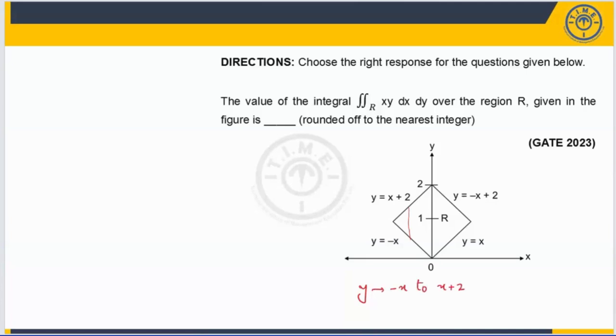And if I'm taking the vertical strip here, again y is varying from positive x to negative x plus 2. But I'll make use of the symmetric property. As the region is symmetric, I'll go with 2 times the region. Am I clear?